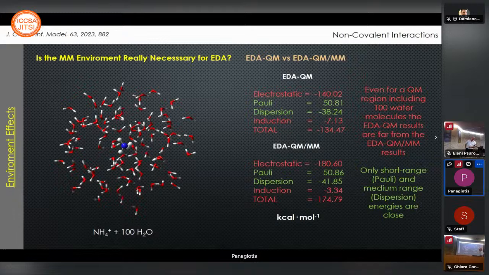That mainly comes from the electrostatic term and the induction terms. These are the long-range energies. This is not an unexpected result because the QM region is large enough to represent well the short-range Pauli and medium-range dispersion interactions.